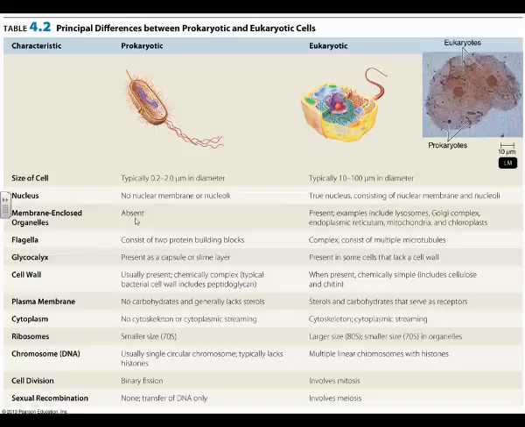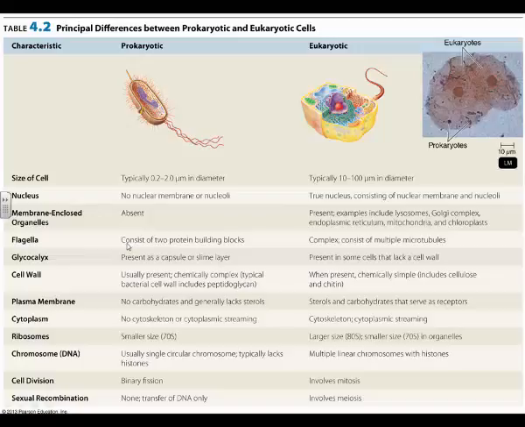So that's a reflection of the absence of any internal membranes internal to the cell membrane in prokaryotic cells like bacteria, whereas there are many internal membrane-bound compartments in eukaryotic cells.